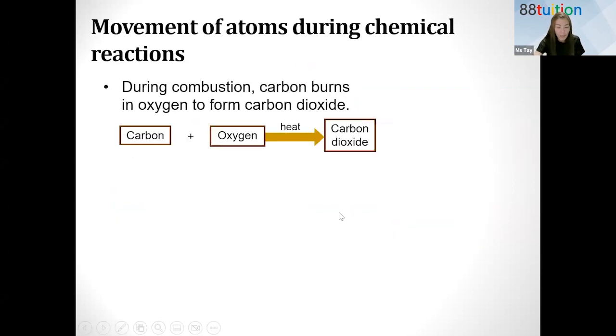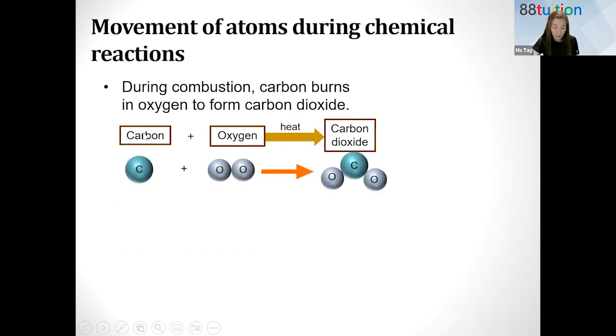Now, another one: carbon and oxygen forming carbon dioxide. So it's one carbon atom, and then oxygen. Remember I said it exists as diatomic molecules. During this reaction, the bonds will break for the oxygen atoms here.